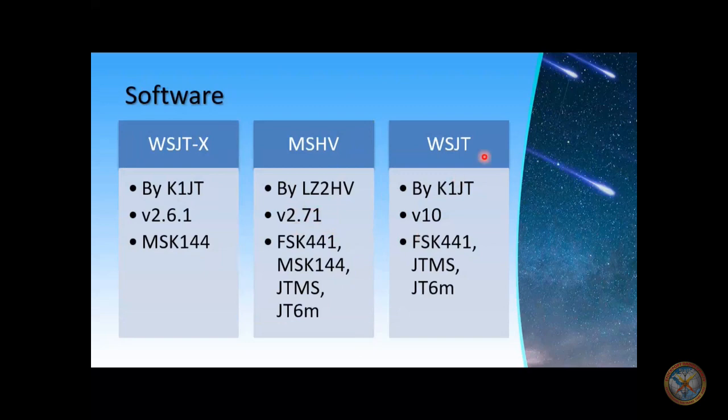And then, if you can still download it, I couldn't find the download site anymore, so maybe it's been removed. By K1JT, the current latest existing version is version 10, and that does FSK441, JTMS, JT6M, those modes, but it doesn't do MSK because that wasn't invented by the time.